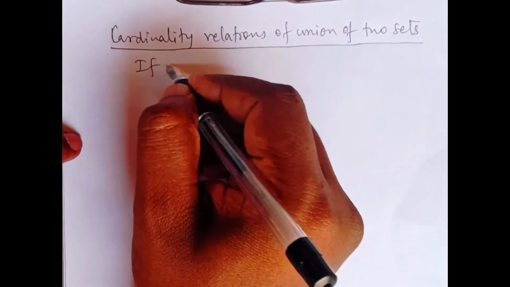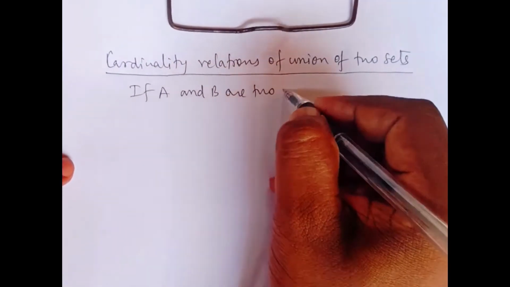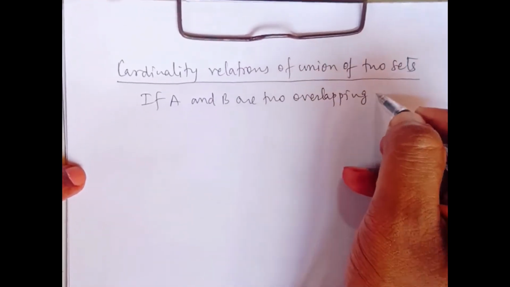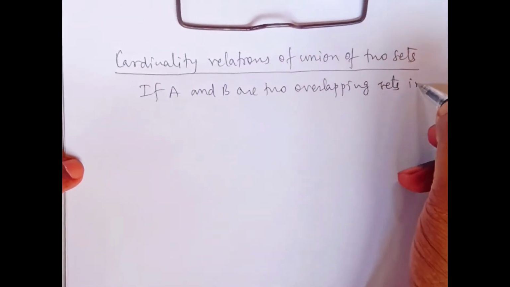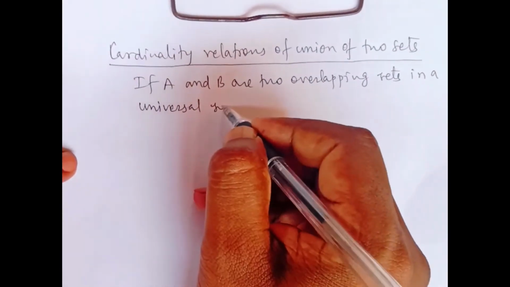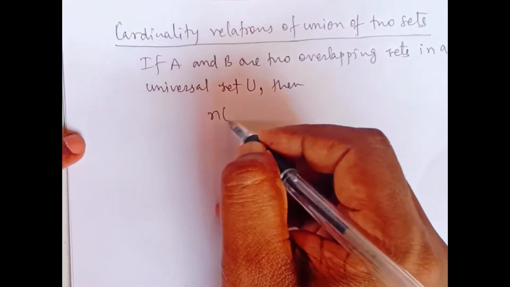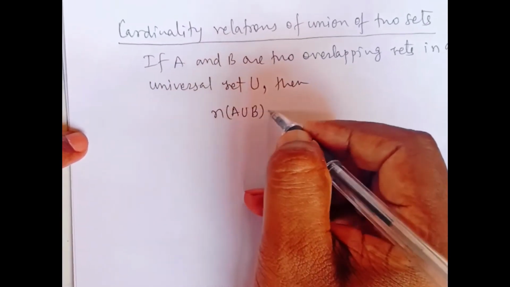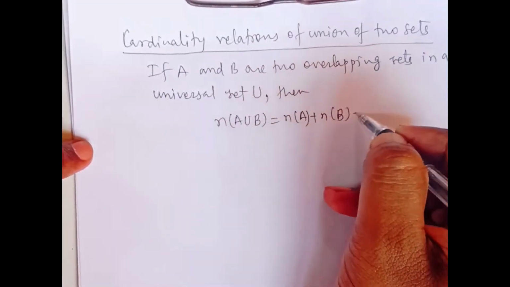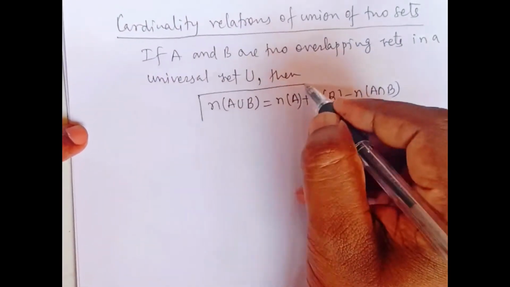So if A and B are two overlapping sets in a universal set U, then n of A union B is equal to n of A plus n of B minus n of A intersection B. So this is our formula.